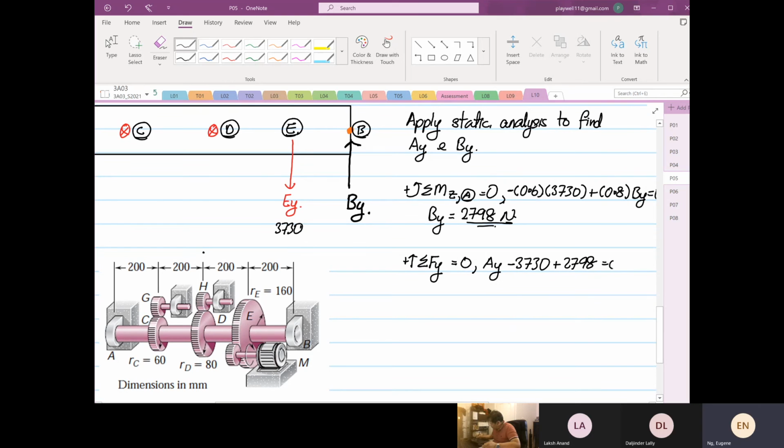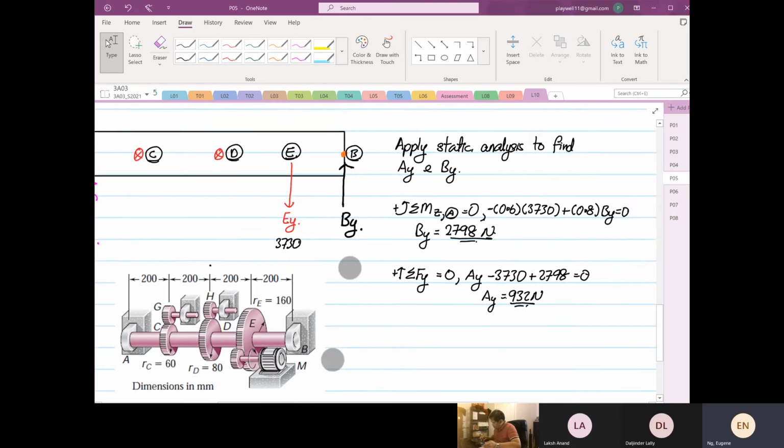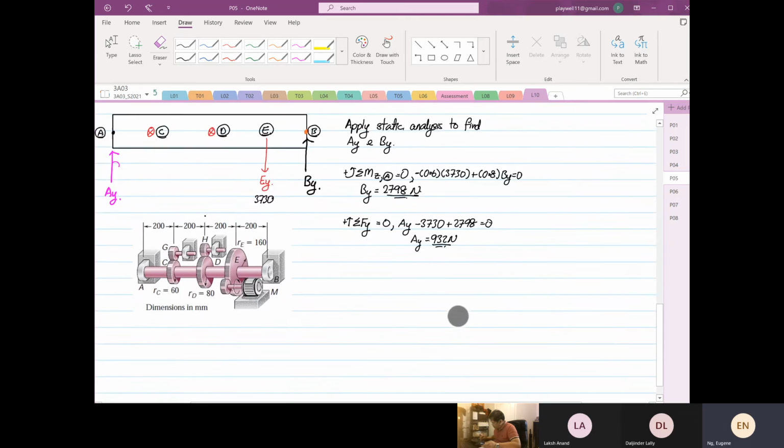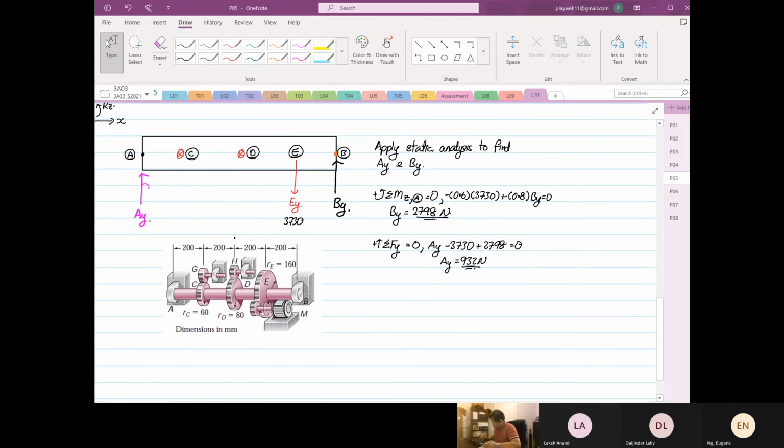The whole thing will be equal to 0. So AY will be equal to 3730 minus 2798, which is 932 Newton. Okay. Right. So next we have to find our forces in the Z direction.